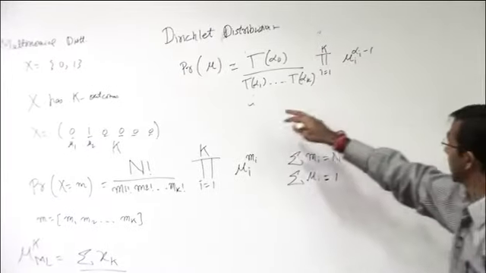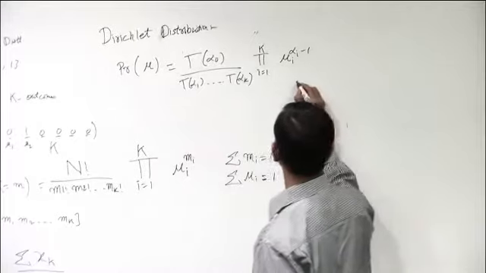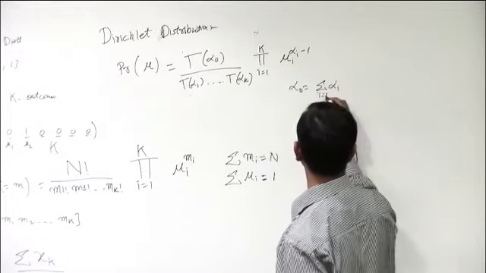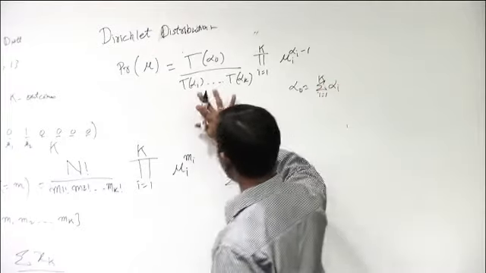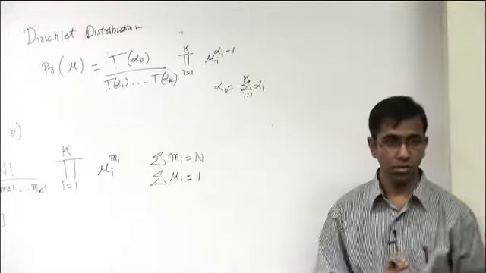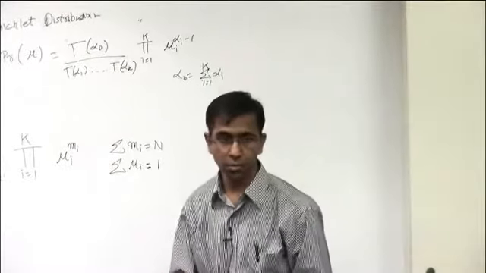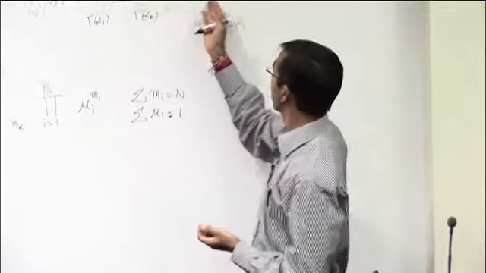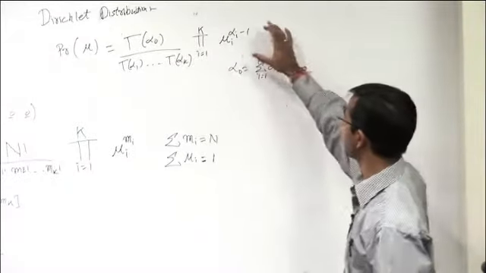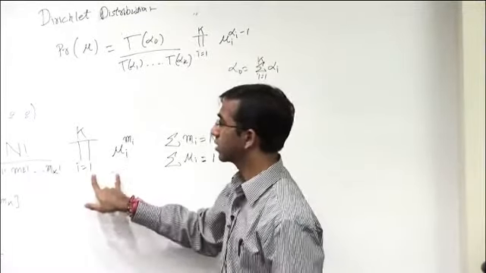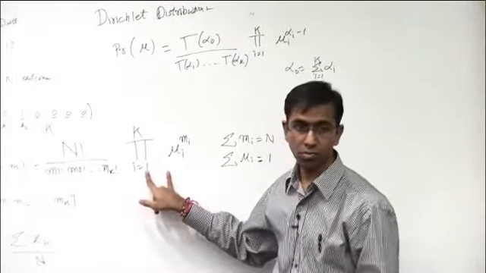Here alpha 0 is given by the summation of all alpha i's. You have k hyperparameters now. In the Bernoulli case, you had 2 hyperparameters. Here you will have k hyperparameters, and this is the form of the distribution. So you can see that again the distribution form exactly matches your likelihood form.